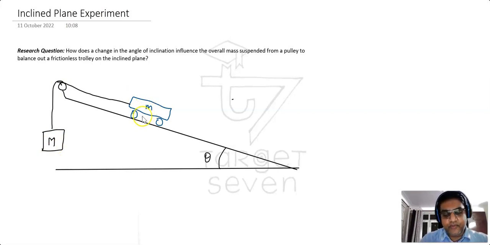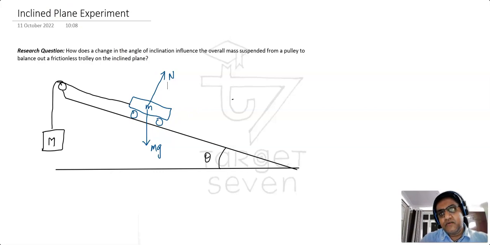So if I draw the free body diagram for the trolley here, I would be having an mg in the downward direction and a normal reaction over there, which is always perpendicular to the surface on which the body is present. If I resolve now mg into its components, and you might ask, why should I resolve mg into its components?